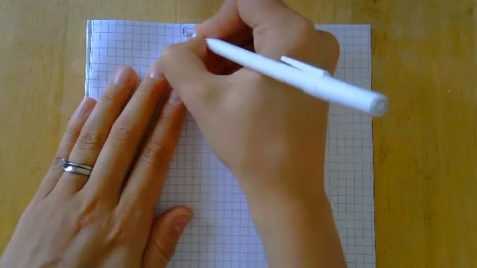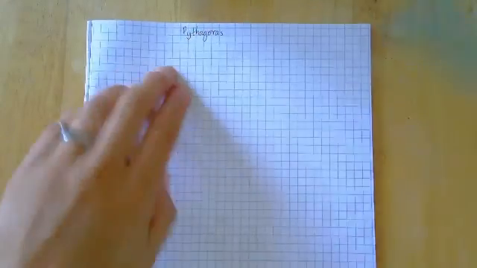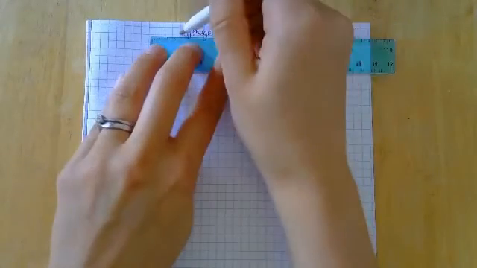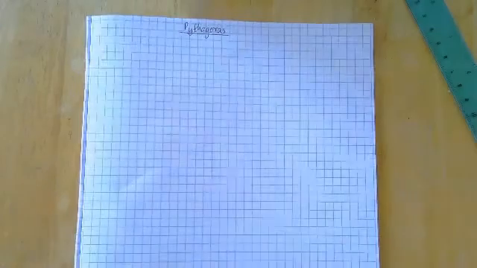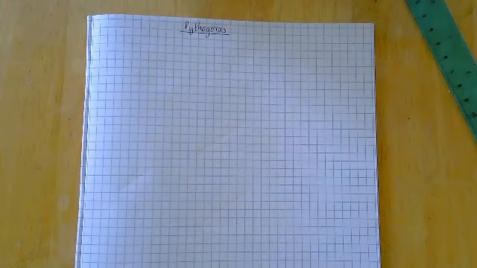This week we're moving away from probability back to the world of shape, to a topic which you will possibly have seen before, but there's absolutely no problem if you haven't seen it, and that's called Pythagoras. Pythagoras was the name of a mathematician who lived a long time ago, and he was very interested in right-angled triangles.